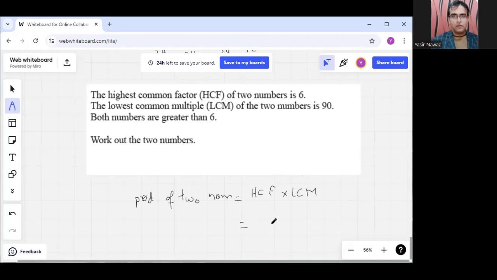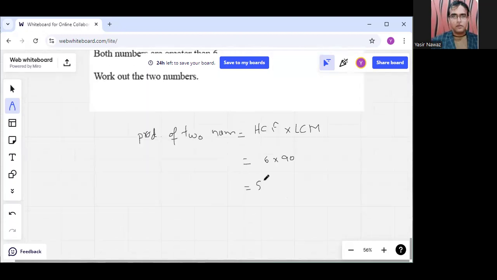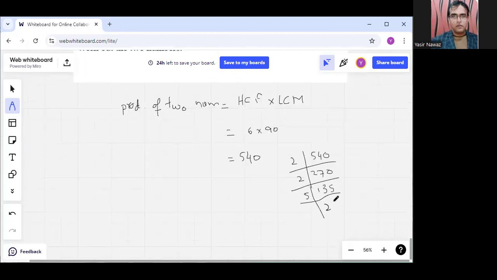HCF is 6 and LCM is 90, so 90 times 6 is 540. Now I divide 540 by 2, which is 270. 270 divided by 2 is 135. 135 divided by 5 is 27. 27 divided by 3 is 9, and then 3, and then 3.